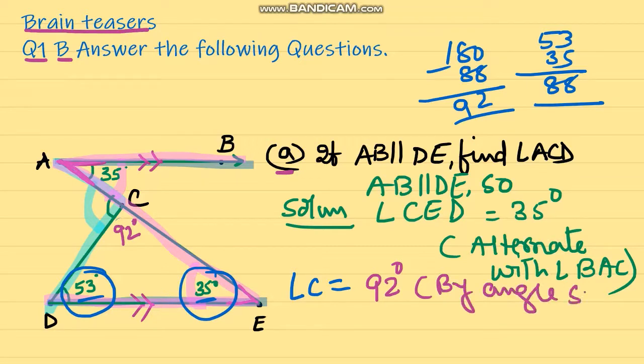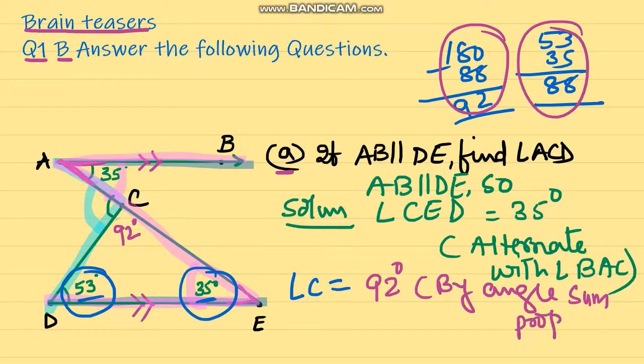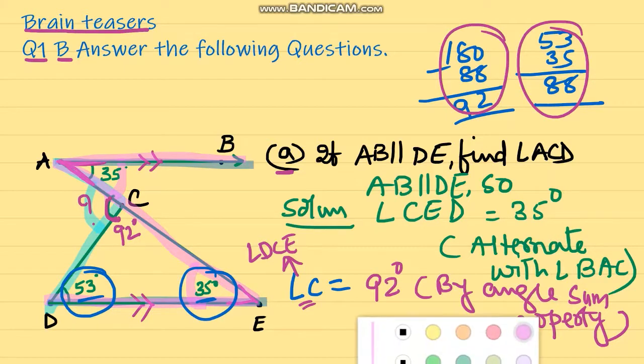Children, keep in mind that you have to show this part and this part also in your copies. Now once you got the value of angle DCE, see this C means this is angle DCE. Okay. Now see here what will be this angle ACD. If you see properly, you'll observe that this angle and this angle are forming linear pairs, isn't it?